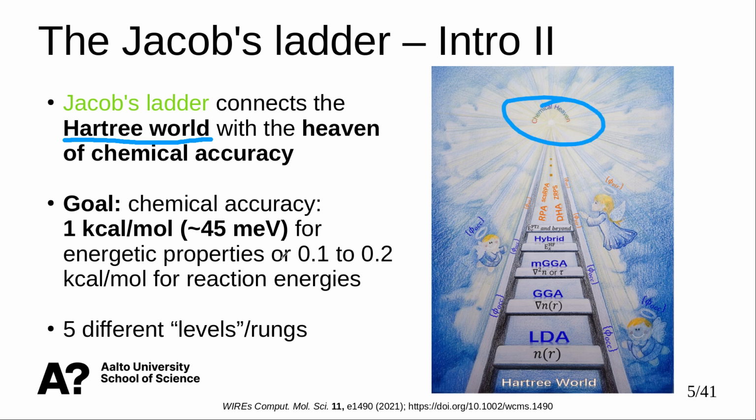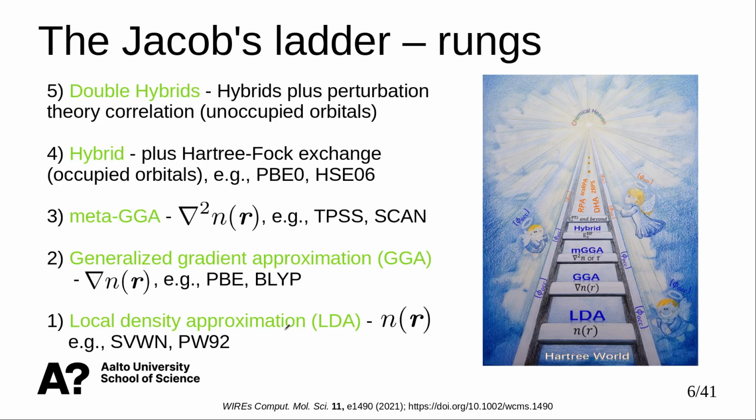And we have on that ladder 5 different rungs. The first level or rung is basically the worst, and then it increases in accuracy, but also the costs. Okay, what are those rungs? So on the first, we have the local density approximation, LDA, which only depends on the electron density.